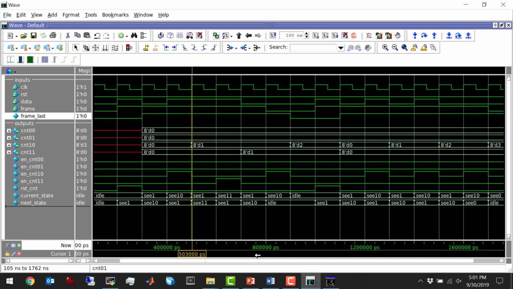So I see 10, I tell it to increment, there's my increment signal, the enable, but it takes a cycle for that to update, because the counter's a register. When you have a register, there's always a delay of one cycle to change it. Okay? Any questions about that? Okay, great.